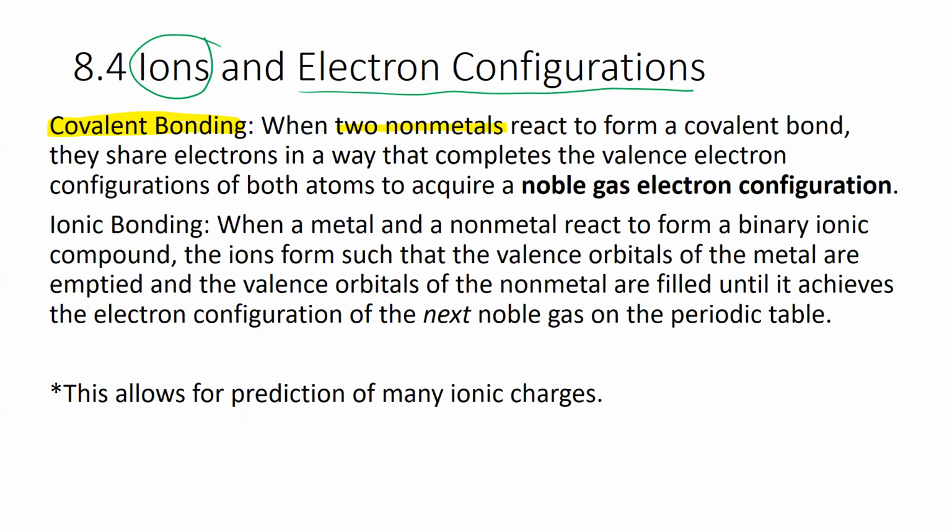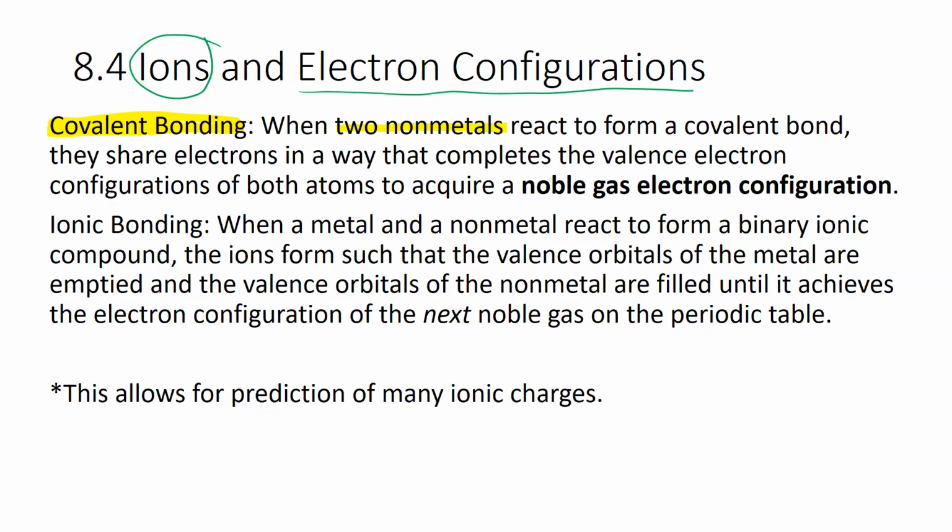Something we have just gotten to now is that when they share those electrons, they do it such that they fill their valence shell, and they fill it so that they get to a noble gas electron configuration, because there's an inherent stability to a noble gas electron configuration, and they want to get there, okay?